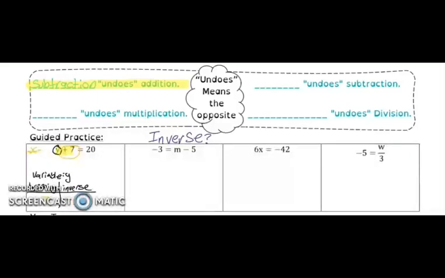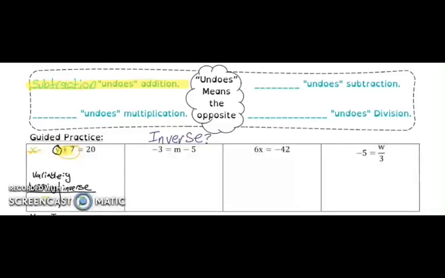Well, if we know what's happening is plus 7, what is the opposite of plus 7? Subtract or minus 7. Okay? Awesome.